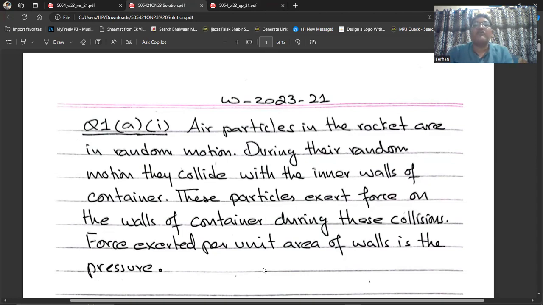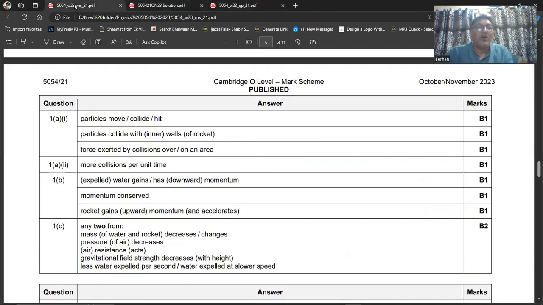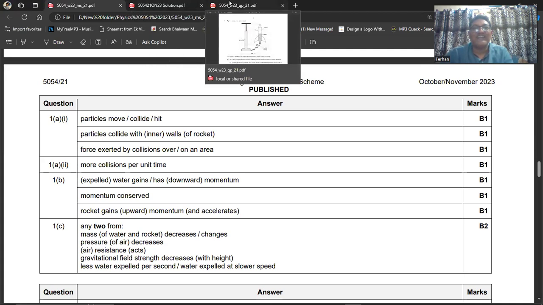Force exerted per unit area of the wall is the pressure of the air on the wall of the container in the rocket. You can also see the marking scheme of the first part. This question was of 3 marks. I have already checked this answer, I think it's right.